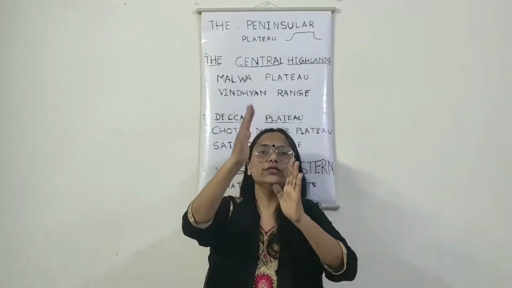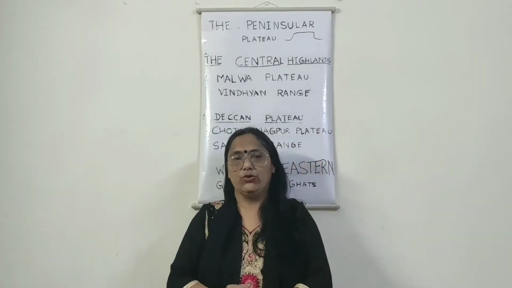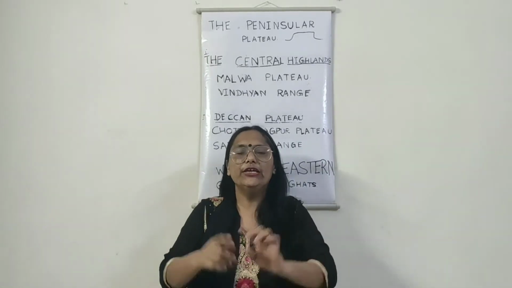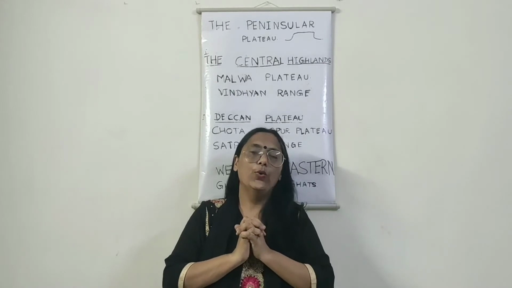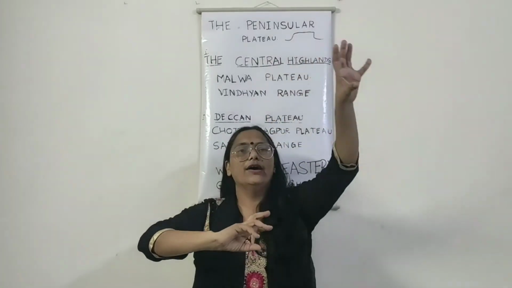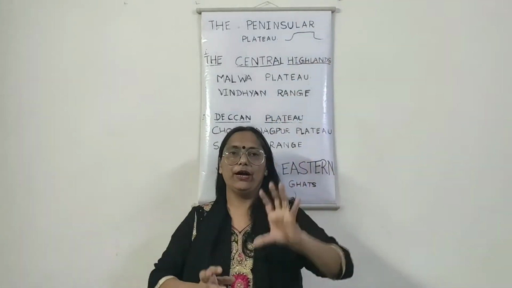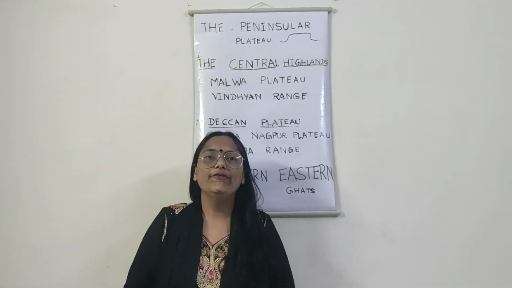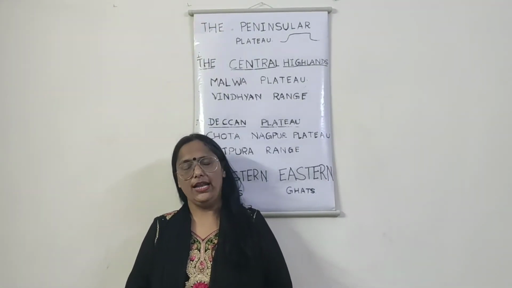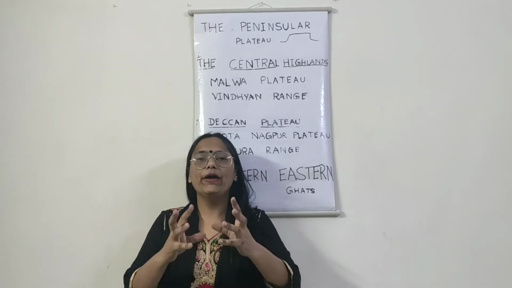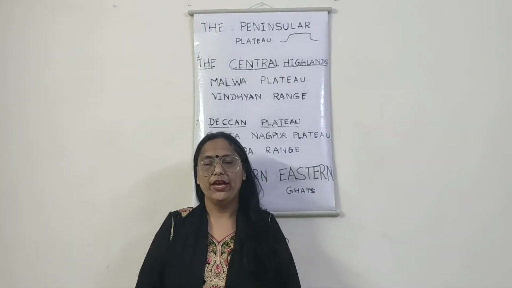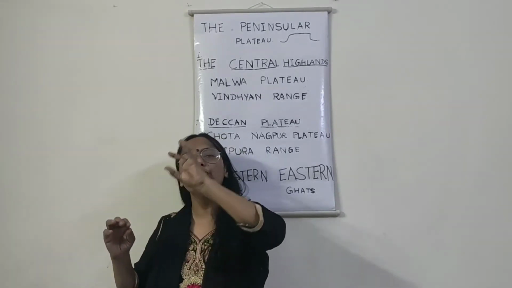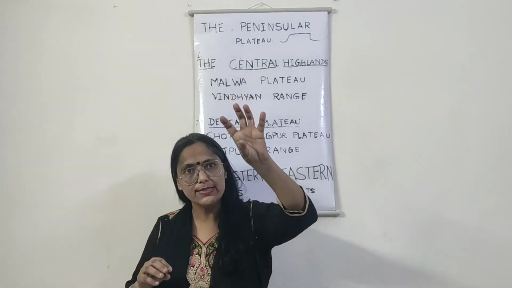The Central Highlands are on the south, whereas we have the Aravallis in the northwest part of our country. Just to make it very clear in your minds so that there is no confusion, towards the northwest we have the Aravallis.